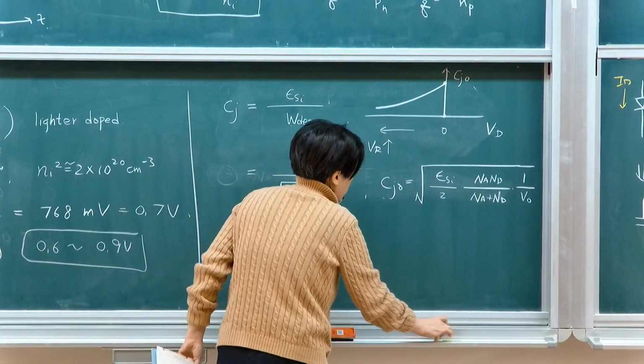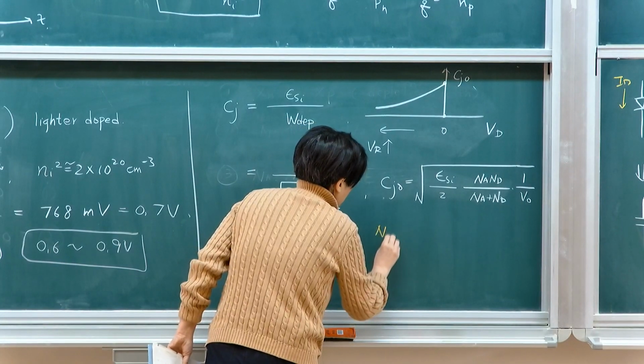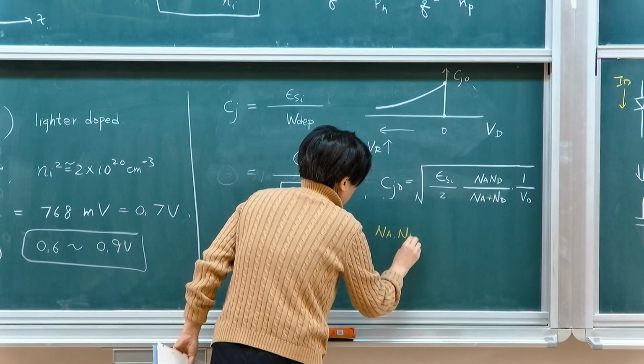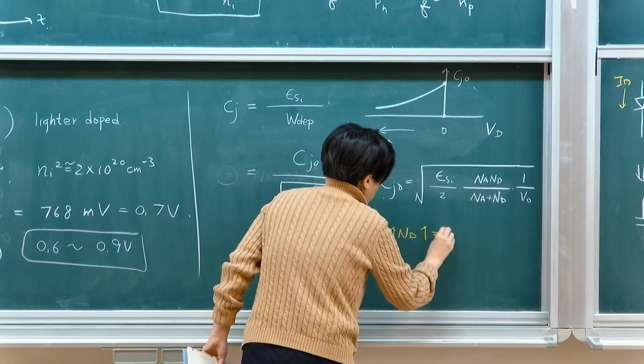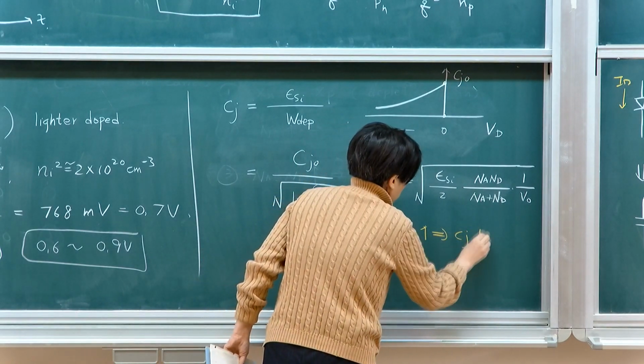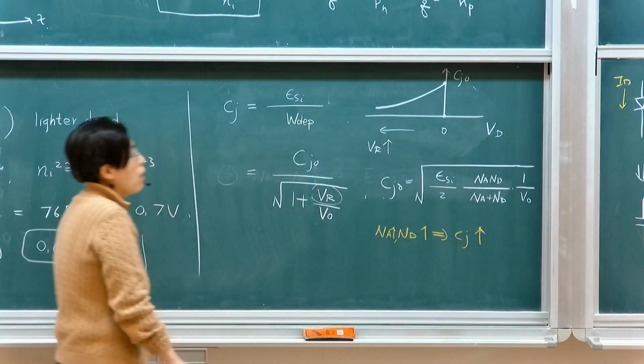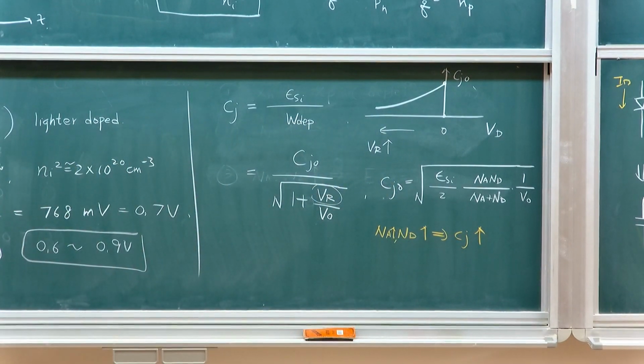It implies that if I have a highly doped junction, with both sides doping increasing, then my CJ will increase.